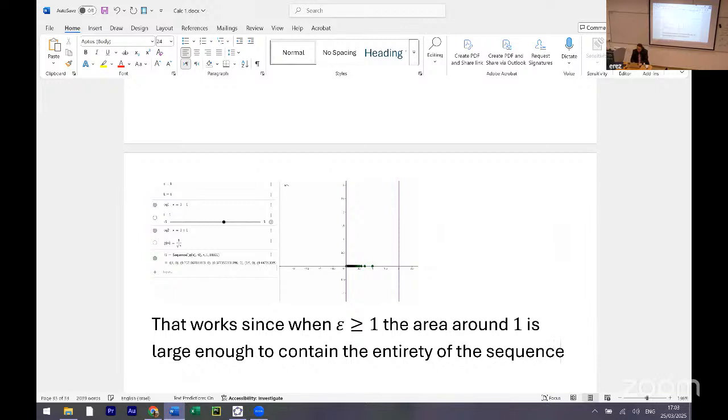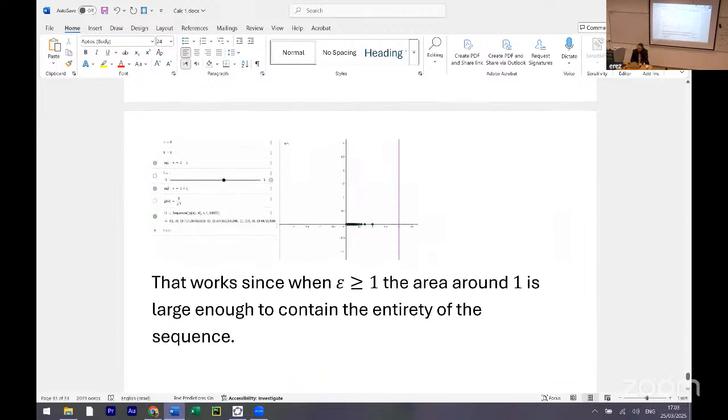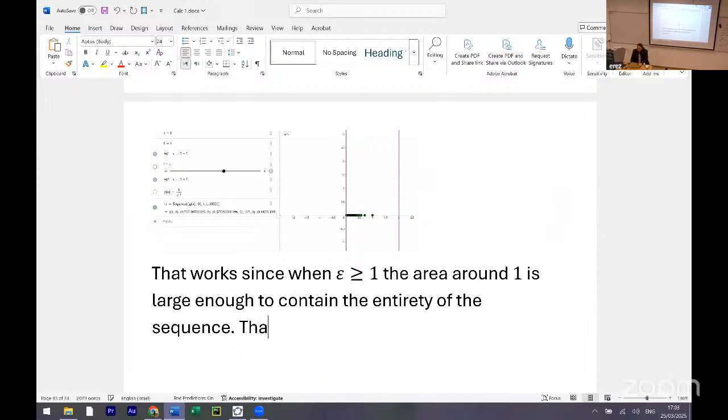Luckily, whoever thought about the definition of a limit envisioned this case. That is why we demand something.